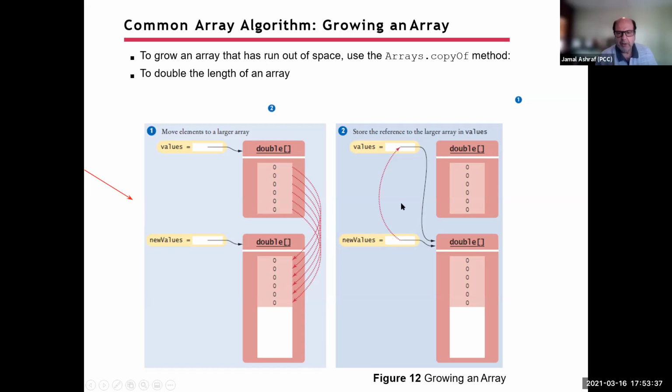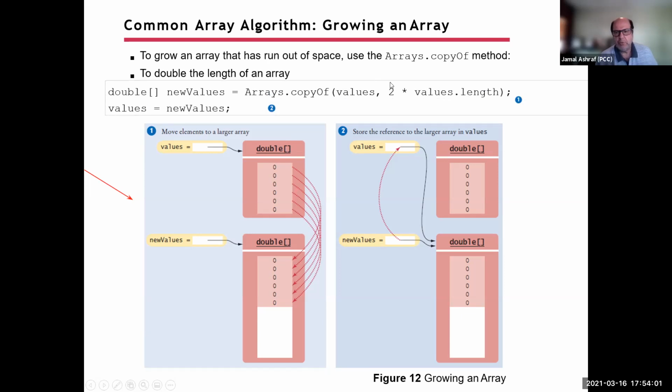So we're going to create a new one of double the size of this one, and then we are going to copy the stuff over. In this case, we're going to be using 2 times the value of the length. So it's going to grab whatever it was on the other one plus additional elements. Does that make sense?